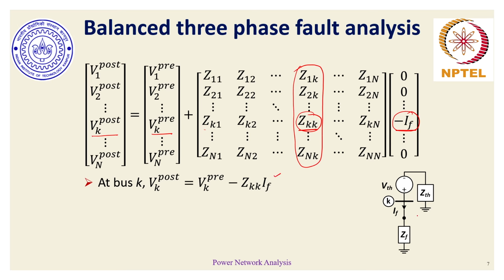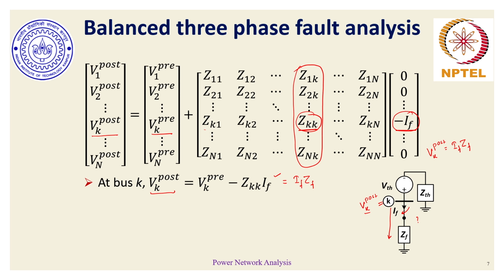Also, as per this circuit here, if the fault has now happened, the switch is now closed, the voltage of bus K is Vk post itself, and by KVL between bus K and ground, Vk post is nothing but IF into ZF. That means this term has to be equal to IF into ZF, because post-fault voltage at bus K is the voltage after the switch is closed. So this new bus voltage is Vk post.